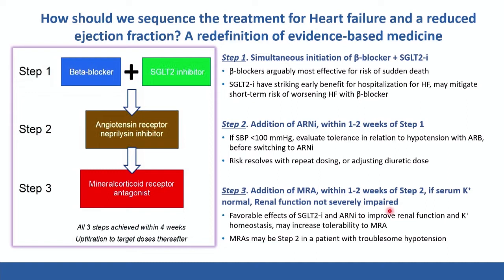The reason behind that is that beta blockers are generally most effective for the risk of sudden cardiac death, so it goes as step 1. And at the same time, SGLT2 inhibitors have striking early benefits for hospitalization for heart failure, and they will also reduce the short-term risk of worsening heart failure with beta blockers.